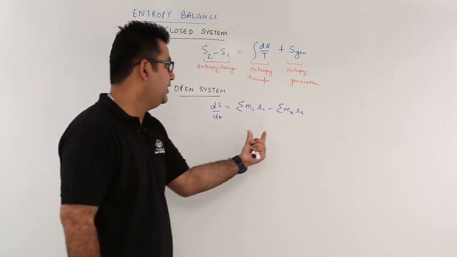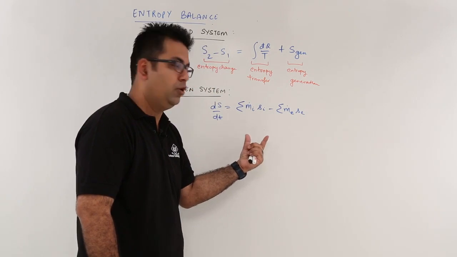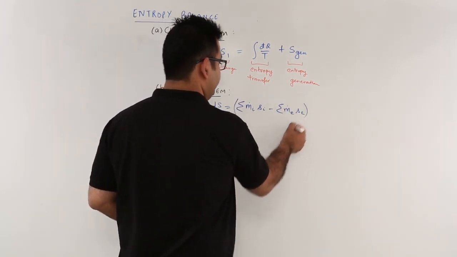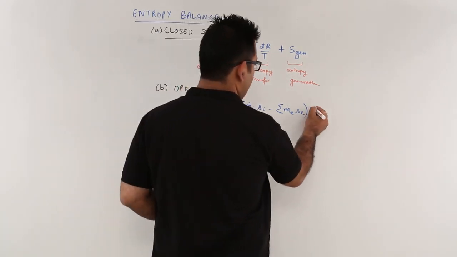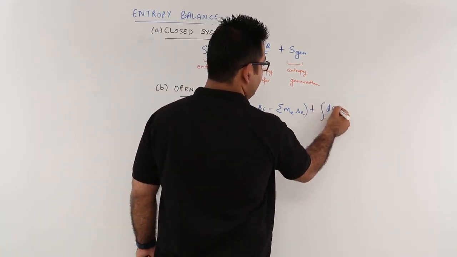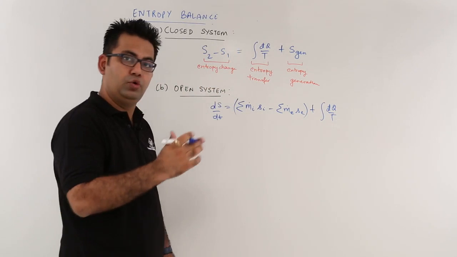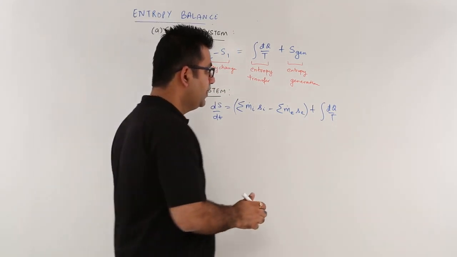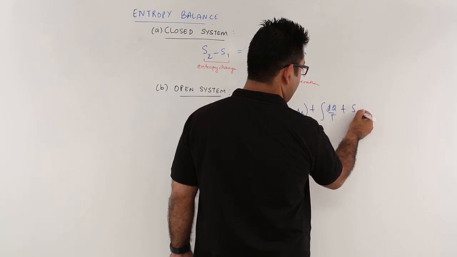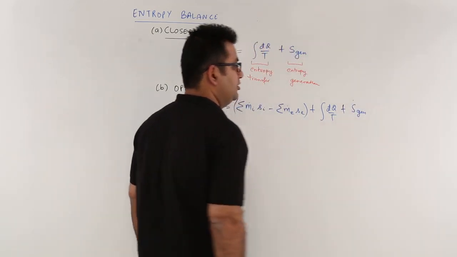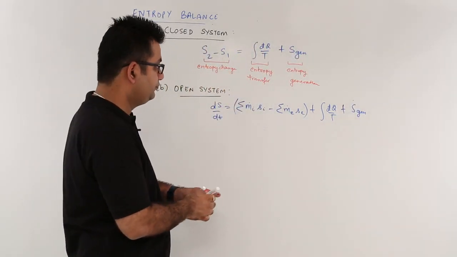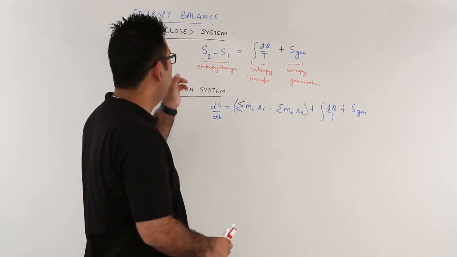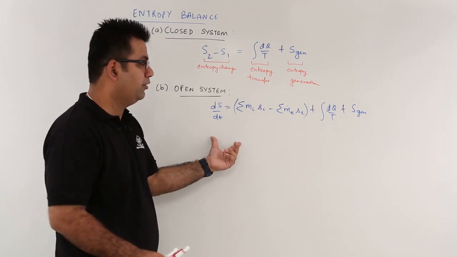So this is the net entropy change due to the mass inflow and outflow. This is one part. Plus, we have some entropy transfer due to the heat transfer across the boundary. Plus there will be some entropy generation within the system. So this is quite different from the closed system equation, and this is something you need to understand.